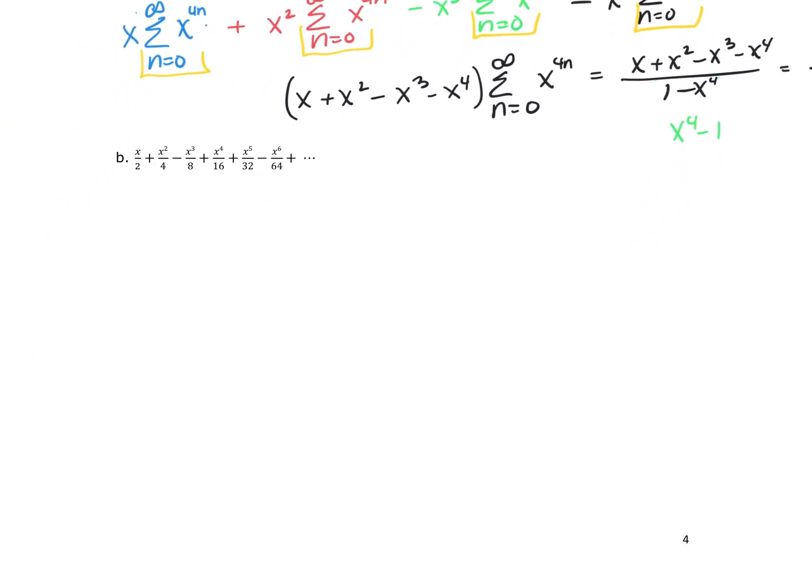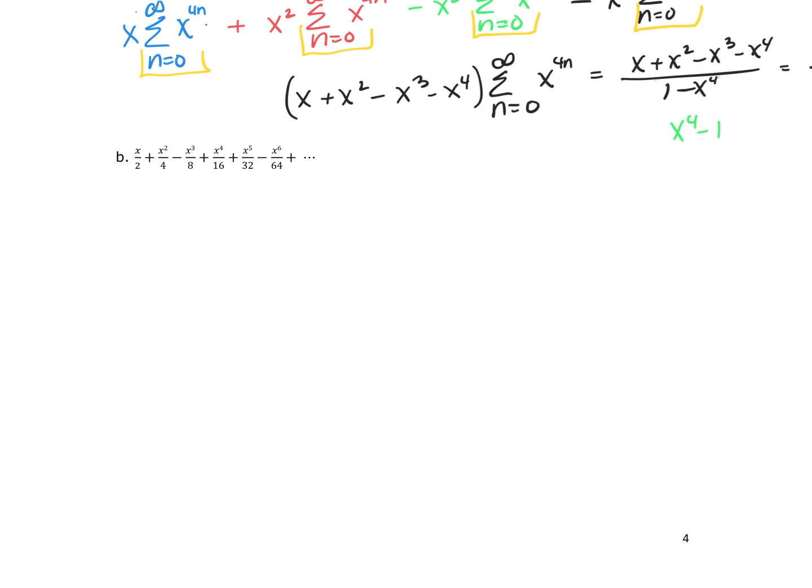Let's take a look at my next example here. So again, what I'm going to do is see if I can do grouping. Now, this, once again, does not have a plus, minus, plus, minus. It's plus, plus, minus, plus, plus, minus.